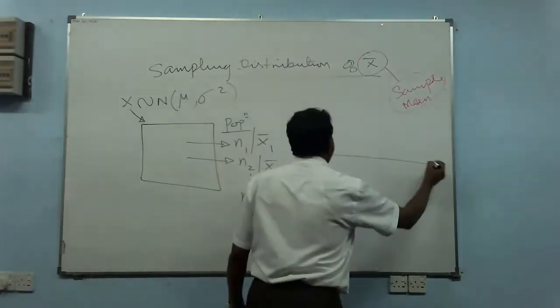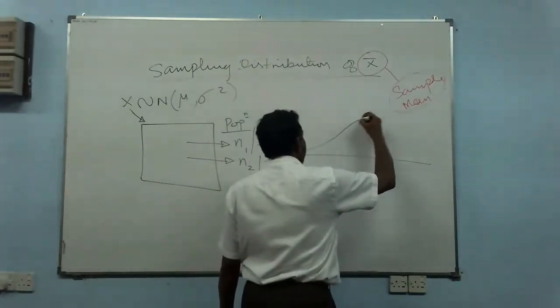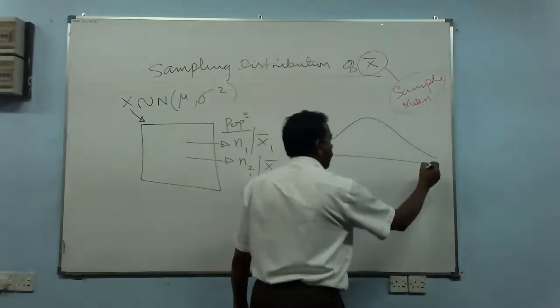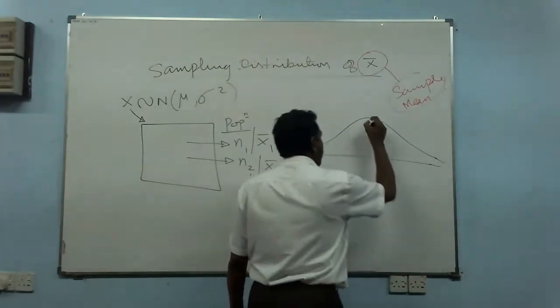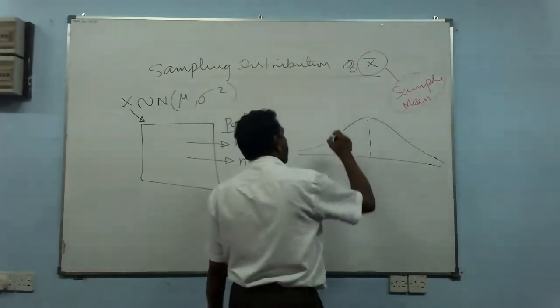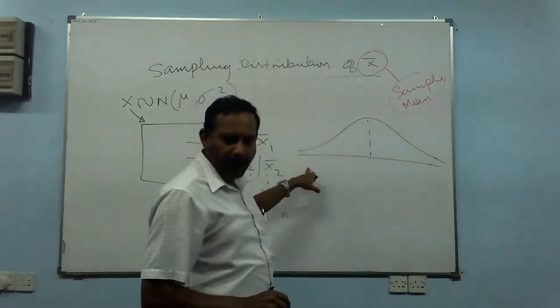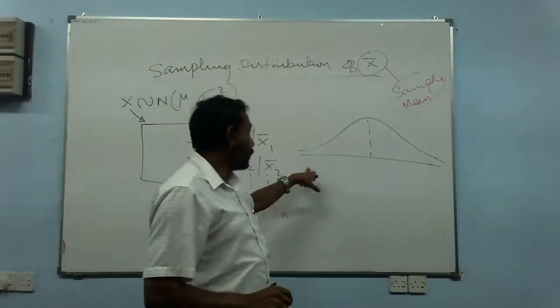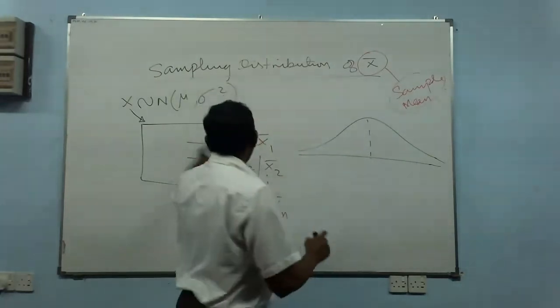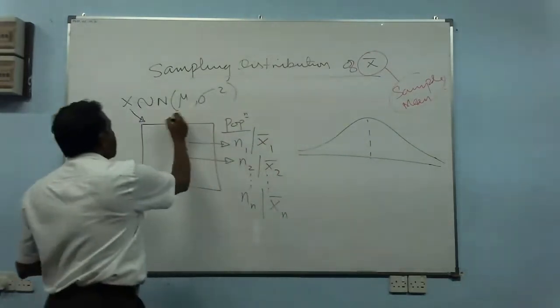we can say it is also normally distributed. Statistically, we can say it is also normally distributed with the same mean as the parent population.